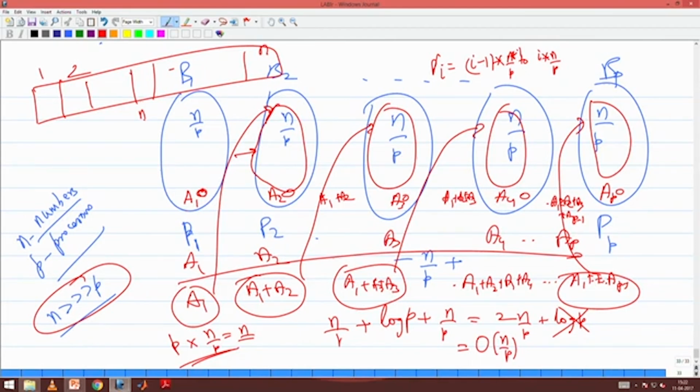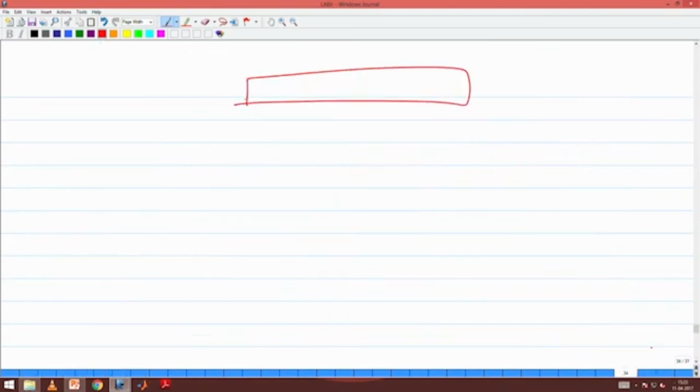Let me say we will have 4 processors and 8 numbers: A1, A2, A3, A4, A5, A6, A7, A8. And this is array B with the index 1, 2, 3, 4, 5, 6, 7, 8.